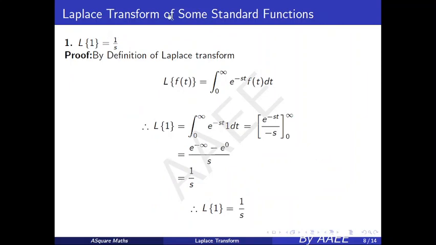Some standard Laplace transforms. Laplace transform of 1. Here by definition of Laplace transform, Laplace transform of f of t is equals to 0 to infinity e raised to minus st f of t dt. F of t replaced by 1.